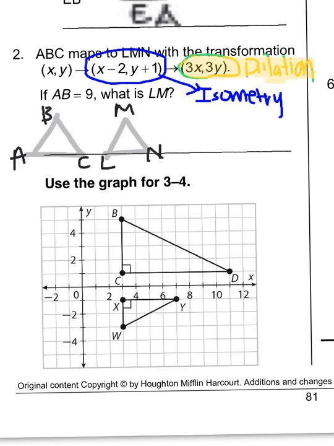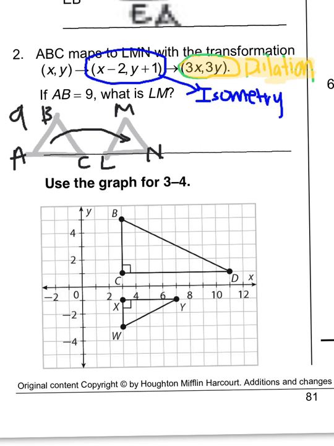In our problem, they didn't give us a triangle, so we have to draw our own triangles. As you can see here, I drew ABC and LMN, and they're telling us on our problem that ABC is actually mapping to LMN. Now, the only thing that's going to make something change size here is the dilation. So AB is 9.